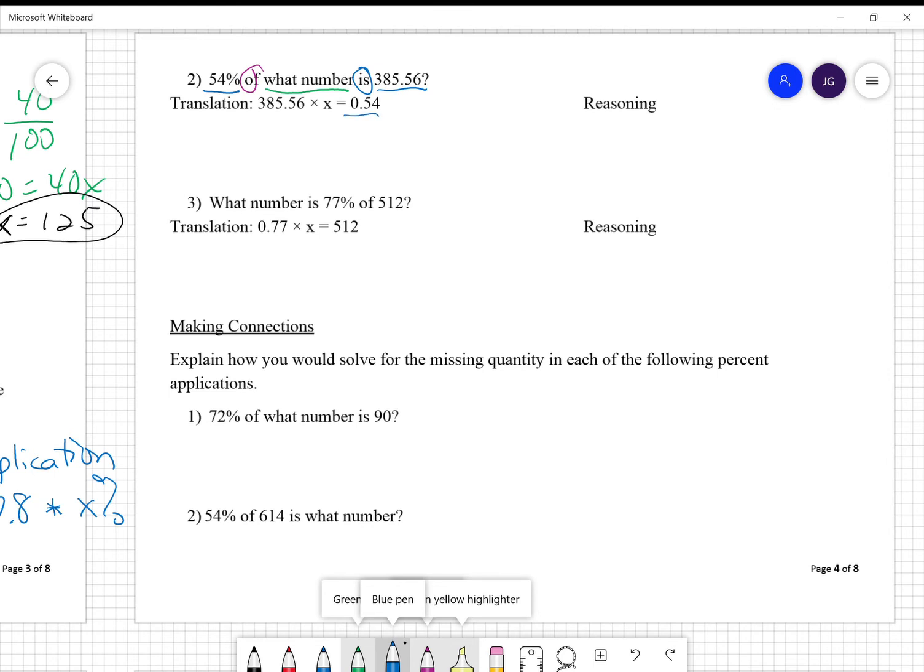They changed the percent correctly, but of should be between X and 0.54.